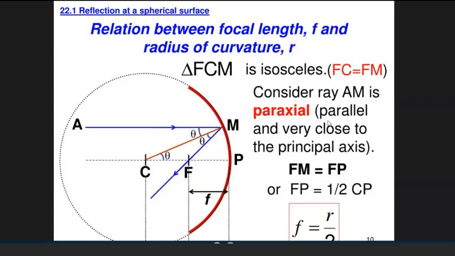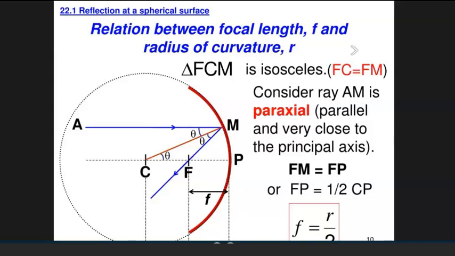It is well clear. Now consider that ray AM is paraxial. Paraxial means it is very close to the principal axis. If AM is very close to the principal axis, then M will be closer to P. In that case, FM must be equal to FP. If you bring M closer and closer to P, then FM must be equal to FP.